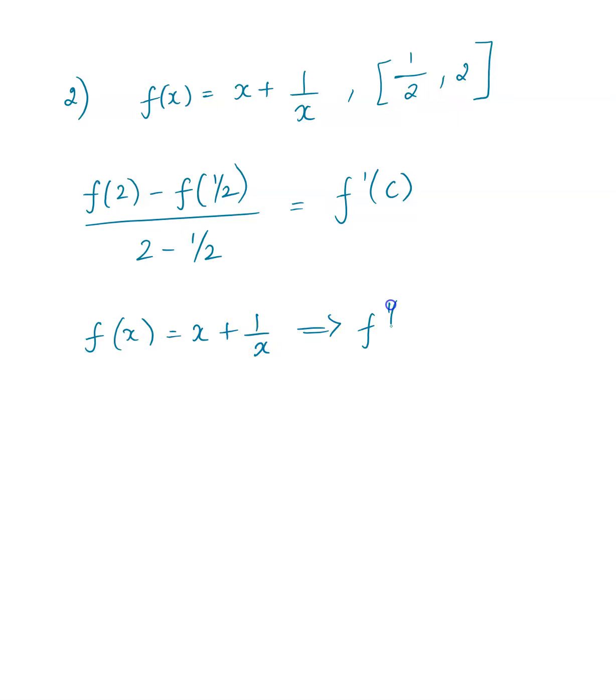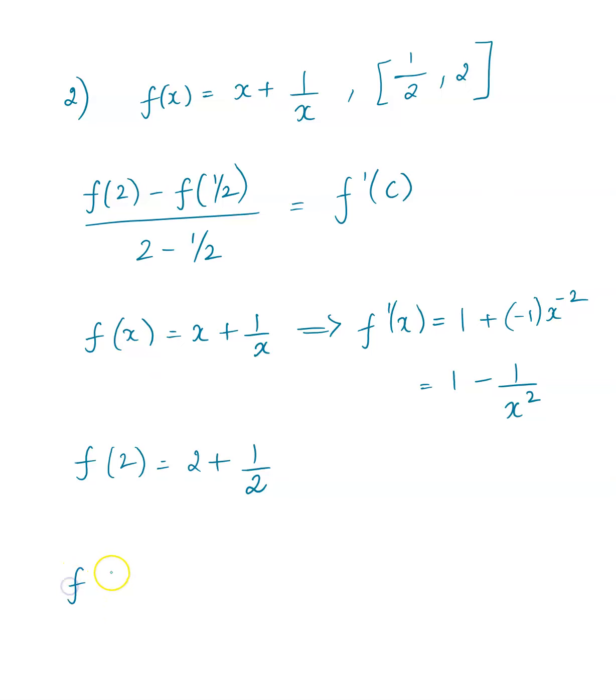So as before, let's go ahead and define f of x and its derivative. That's going to be 1, derivative of x is 1, plus, rewrite this 1 over x as x power negative 1. We've done this before in a previous lecture. So negative 1 x power negative 2, which is 1 minus 1 over x squared. And then f of 2 will be 2 plus 1 over 3. Again, we can simplify this. F of half will be half plus 1 over half.